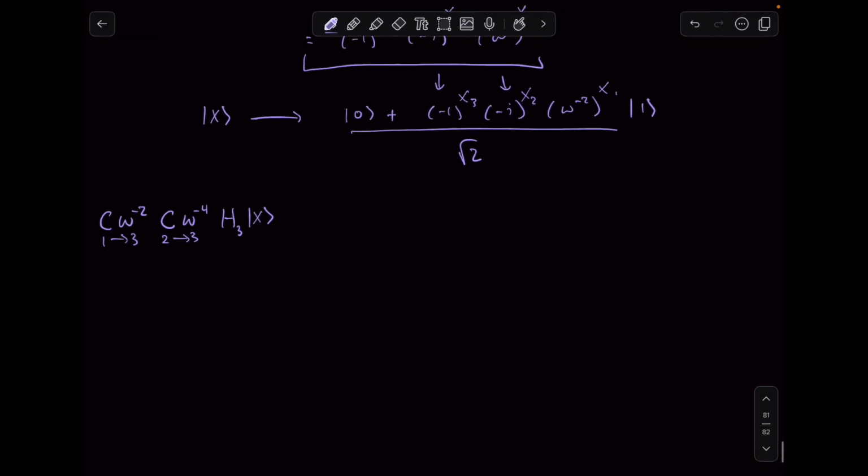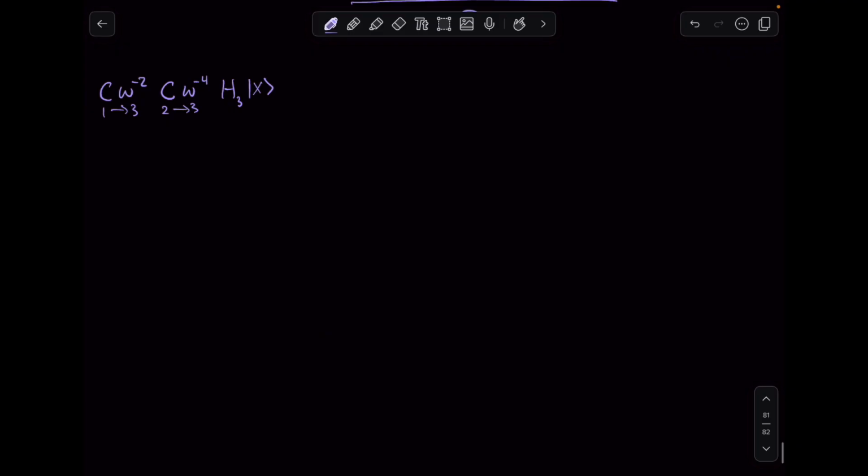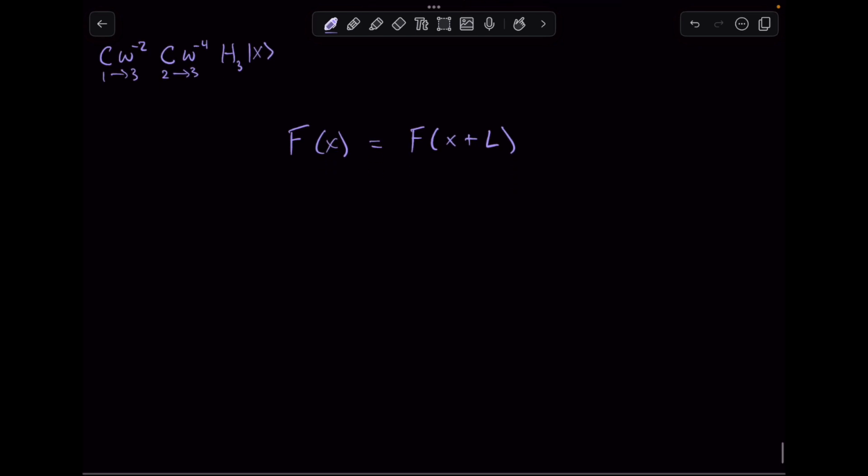In the next video, we're going to see an application of this transformation to do something similar to what we saw with Simon's algorithm. There's going to be some function we want to implement, f of x, and it's going to have the property that it's periodic. This time it'll be periodic with respect to normal addition rather than binary addition. We're also going to be given access to this unitary that's going to implement this function for us in the standard way.